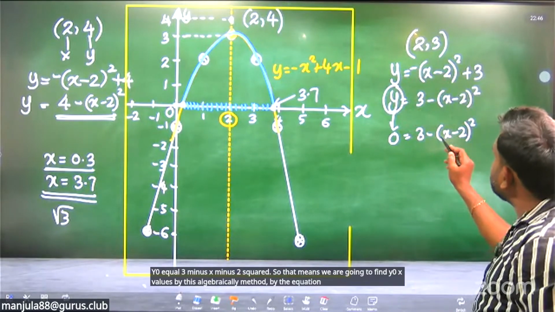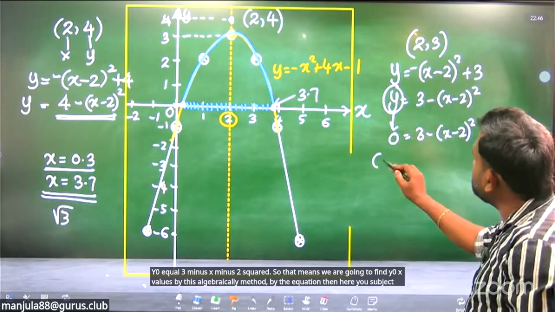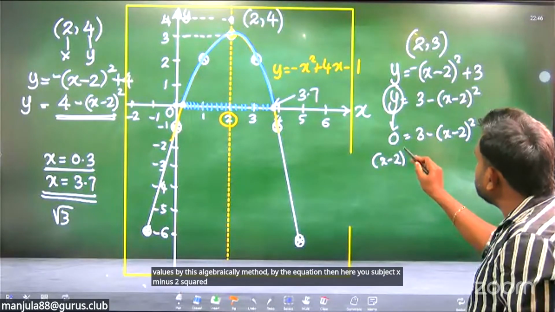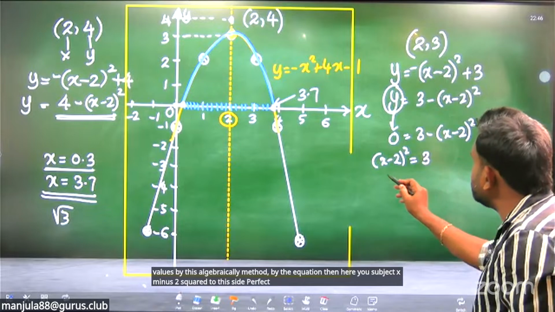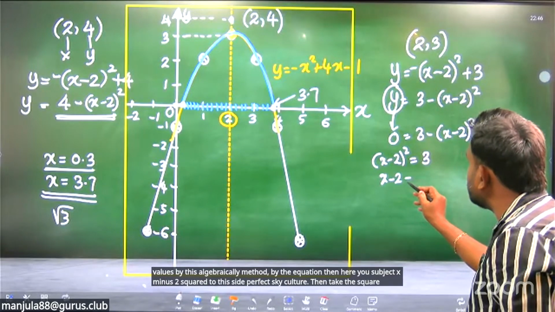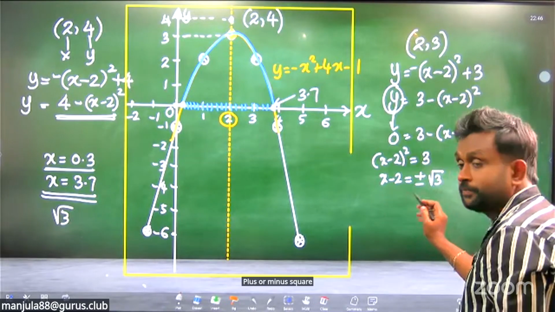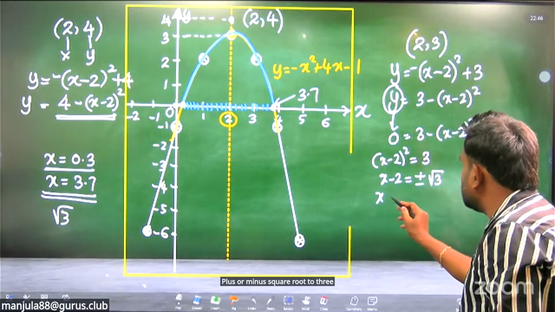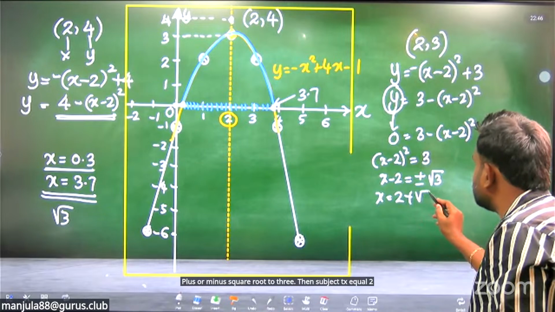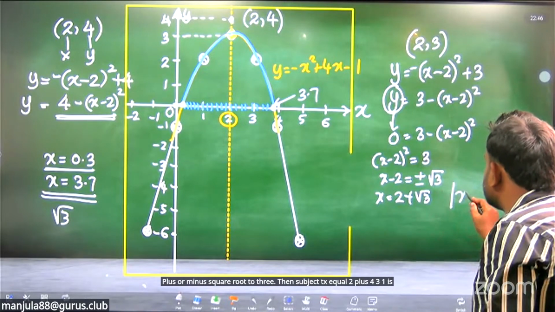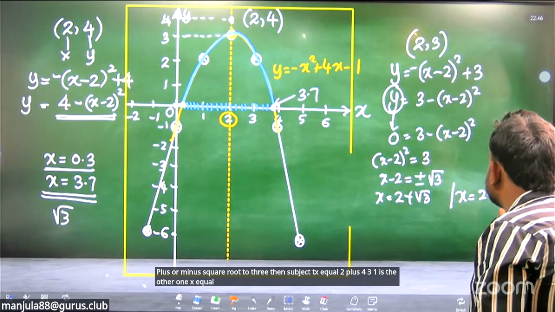Then move (x minus 2) squared to this side: the perfect square equals 3. Take the square root of both sides: x minus 2 equals plus or minus square root of 3. So x equals 2 plus root 3, and the other one is x equals 2 minus root 3.